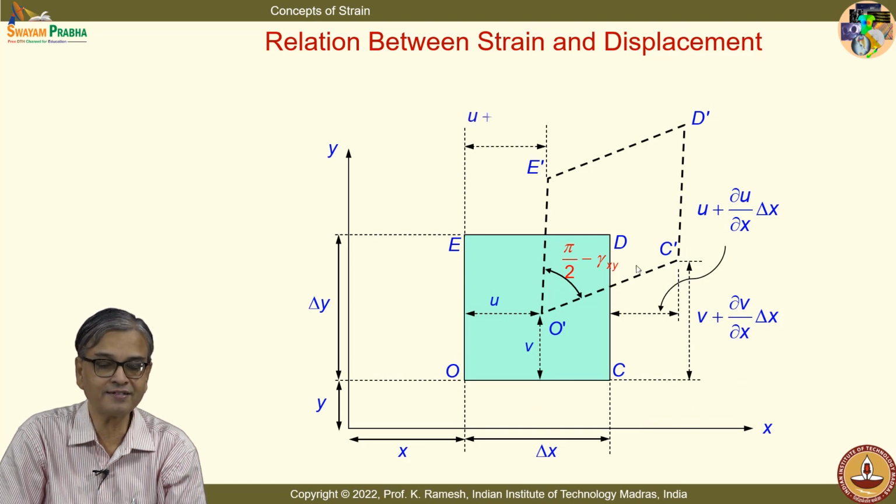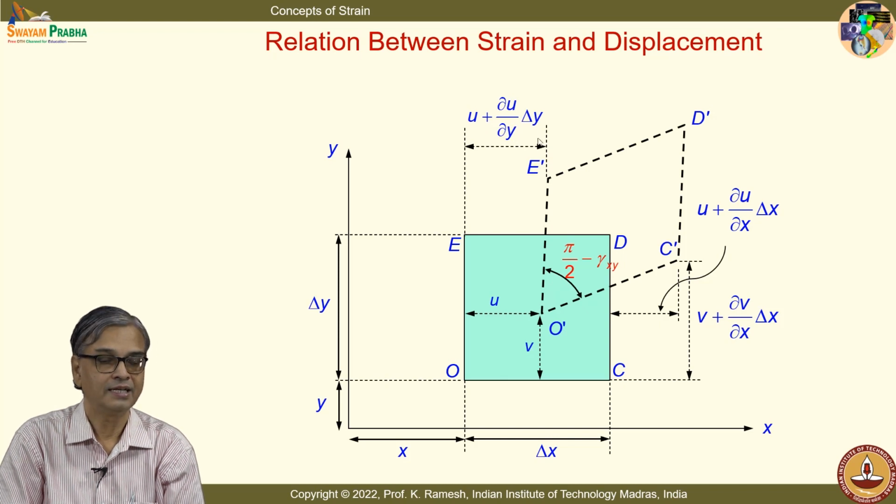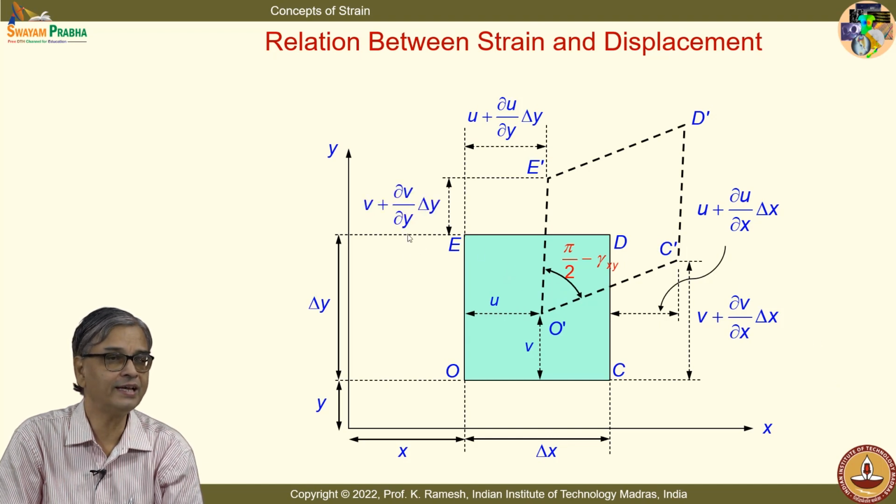So I have this as u plus dou u by dou y delta y. And how do I write the vertical distance? What is this quantity? v plus dou v by dou y delta y.